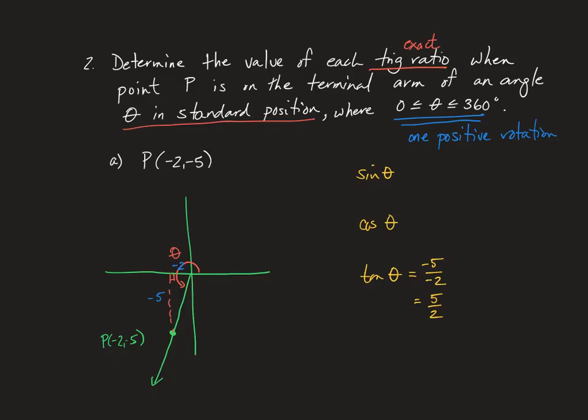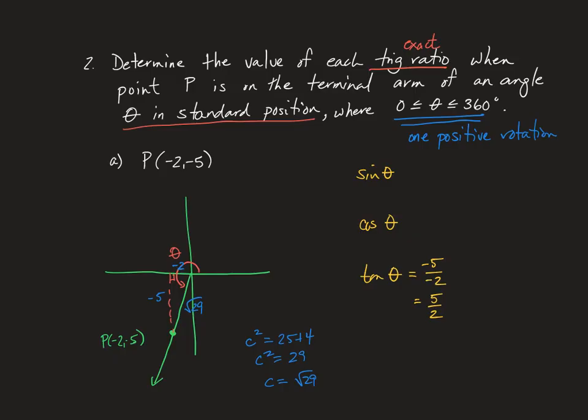Now, what I'm missing on that triangle is the hypotenuse. And so for me to be able to come up with my sine and my cos, I will require the hypotenuse. So I'm going to have to do a little bit of work. For me to come up with that hypotenuse, maybe I call that C. Then I know that C squared has to equal one side squared plus the other side squared. So C squared has to give me this, and that means that the length of my hypotenuse is root 29.